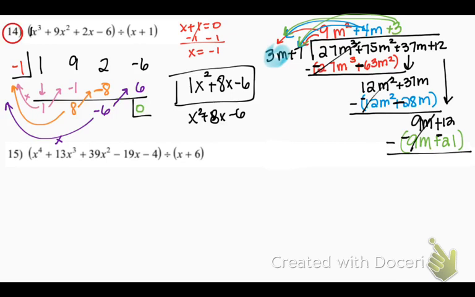And 12 minus 21 is negative 9? Yeah, negative 9. Okay, so 3m, I can't multiply anything to get negative 9, so that means this will be my remainder. So to write my final answer, I have 9m squared plus 4m plus 3, and then with the remainder, I'm going to write minus 9 over 3m plus 7. Okay, that's the final answer.